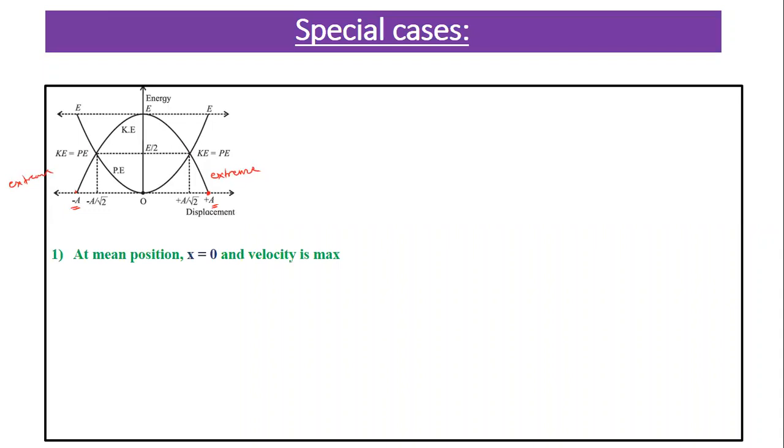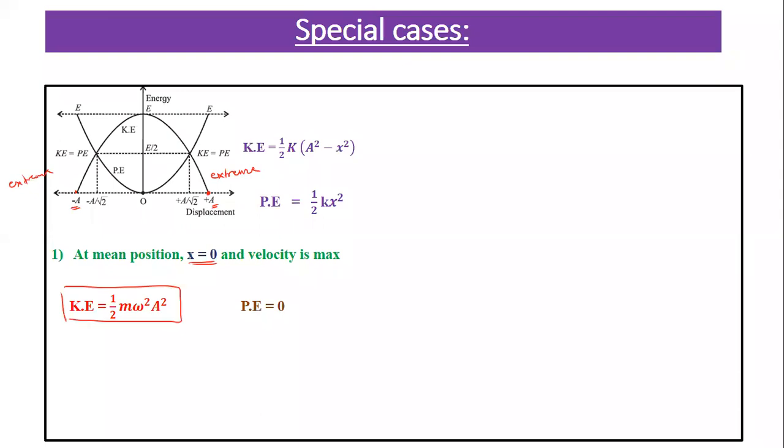So you know that at mean position x is equal to 0, and velocity is maximum. Let me write the formula of kinetic energy at mean position. The kinetic energy formula is 1 by 2 m omega square (a square minus x square).